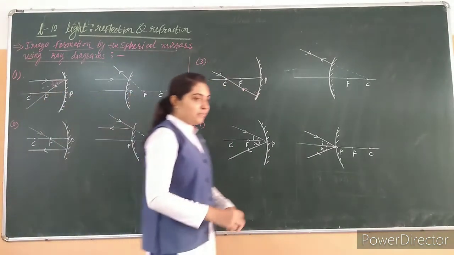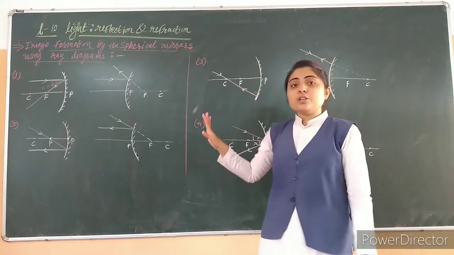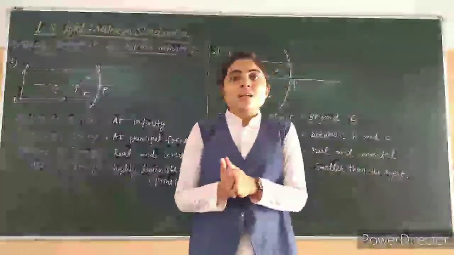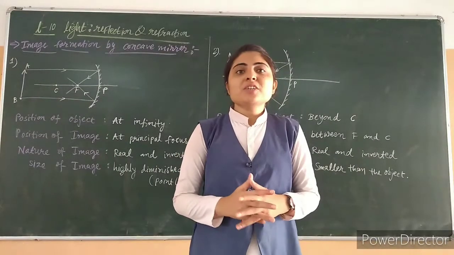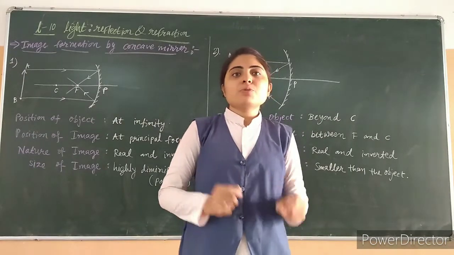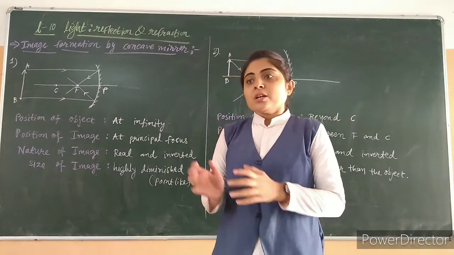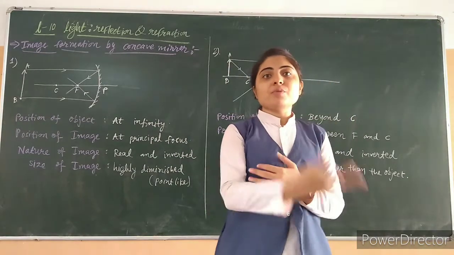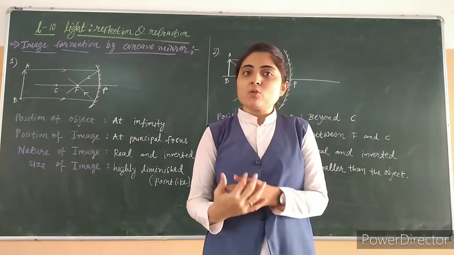So these are the very specific rays we can use to locate the image of the object. By using these specific rays, we can locate the position of the image. Now we are taking the image formation by the concave mirror, and then we will learn the image formation by the convex mirror.